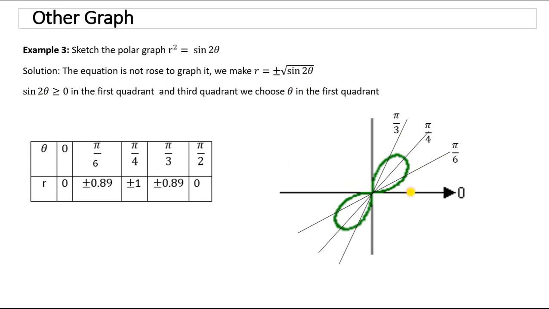If theta is 0, r is 0. At pi over 6, plus there and minus there. At pi over 4, plus 1 and minus 1. At pi over 3, plus this and minus this. Connect between this point and this point. The graph is finished.